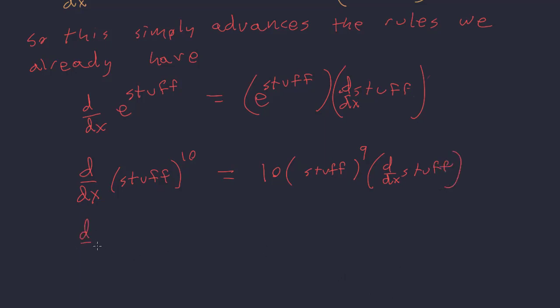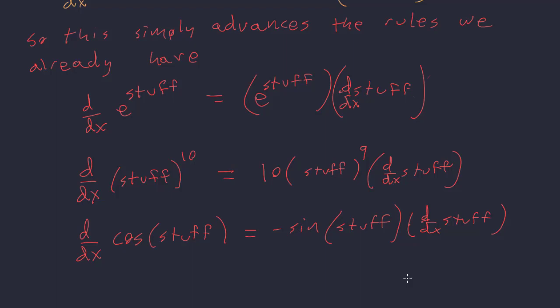Okay. What about cosine of stuff? Well, the derivative of cosine is negative sine. So it's going to be negative sine of the stuff left alone times the derivative of the stuff.